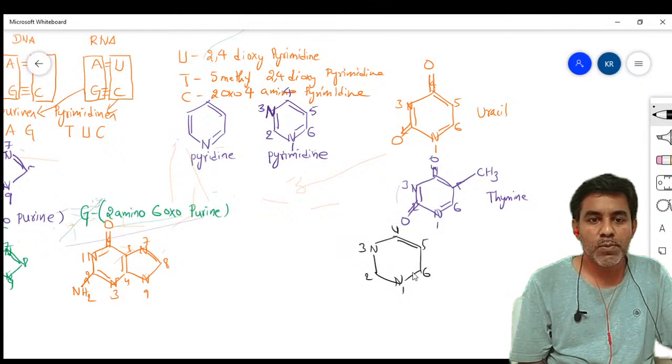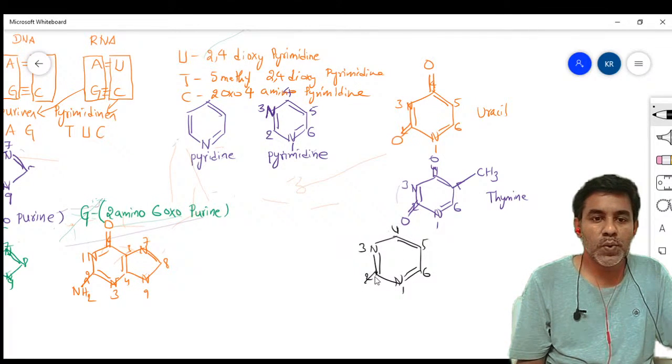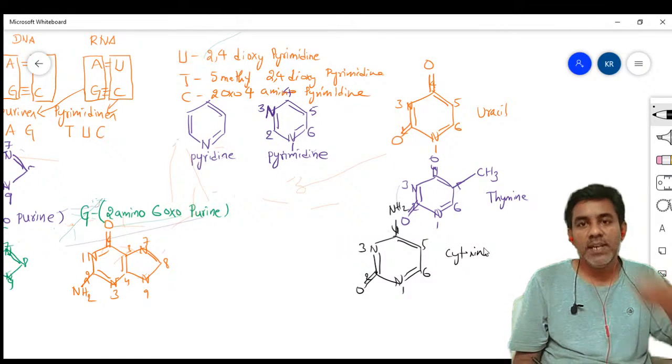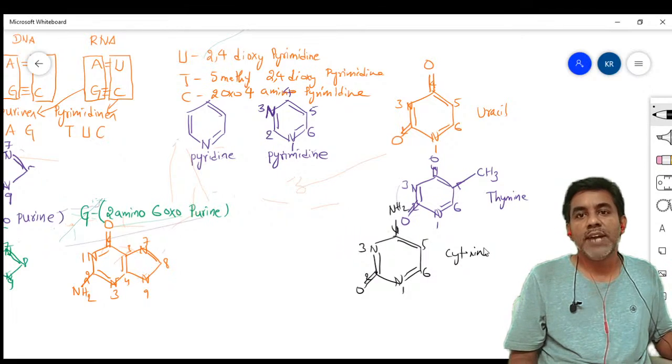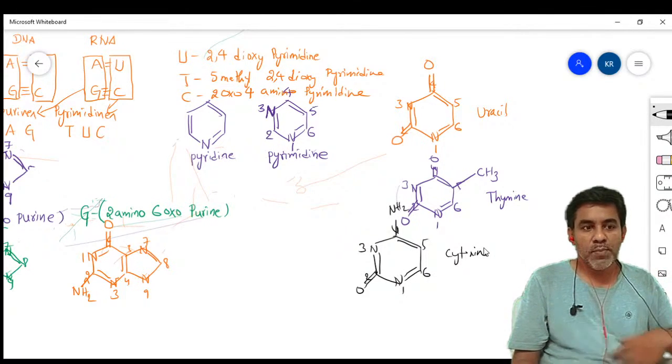To compensate the double bonds, here we have added the double bonds. So 2-oxy 4-amino NH2. Pyrimidine is nothing but the cytosine. So these are the structures of nitrogen bases.